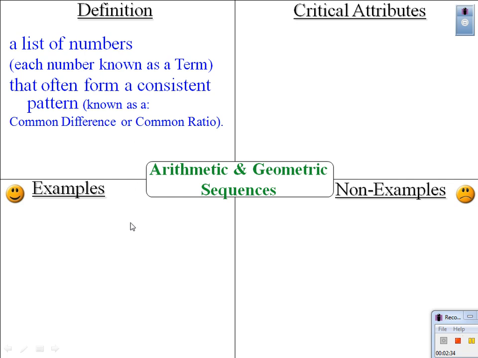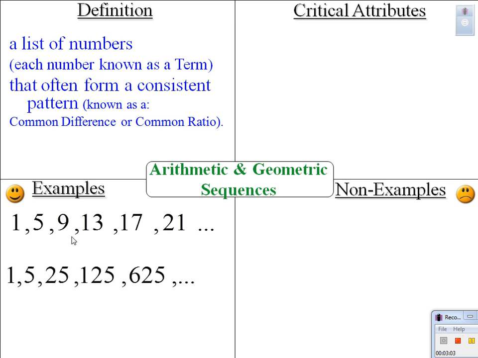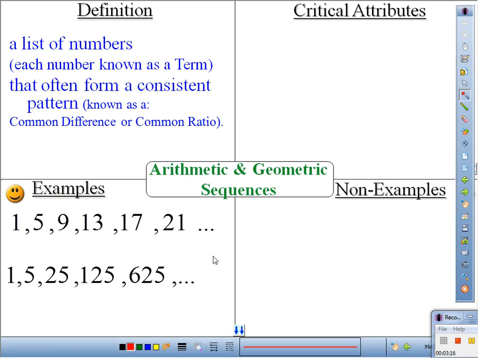What am I talking about? I gave you guys these two examples: 1, 5, 9, 13, 17, 21. And the other list of numbers was 1, 5, 25, 125, and 625. And I said in the video, I'm going to start with arithmetic sequences. So according to the definition, it's a list of numbers.